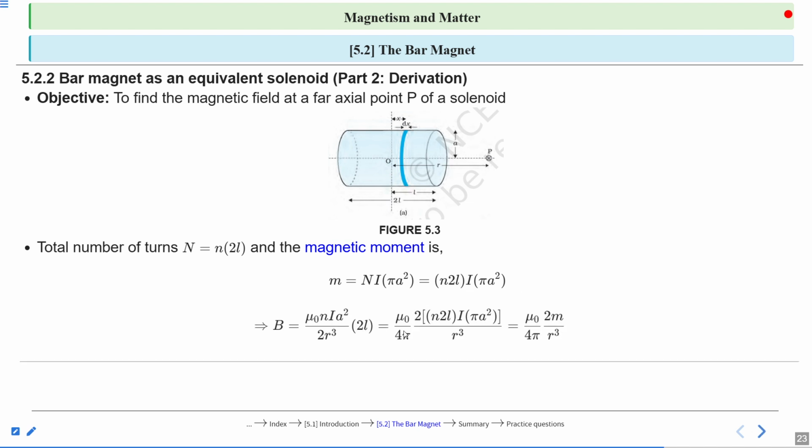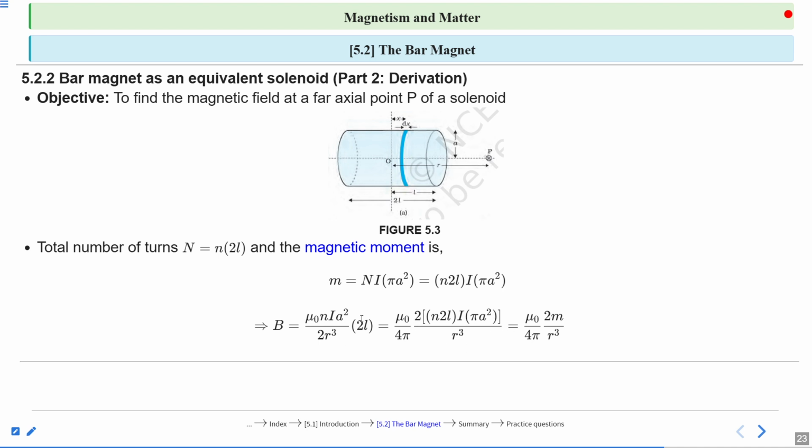Now what we have derived for the magnetic field is mu naught n I a square upon 2r cube, times 2L. Now we will rearrange this equation and put in the value of m. So 2L will come along with this n, so it will become n2L, and we have to form pi a square in the numerator. So we will multiply this equation by pi and divide by pi also.